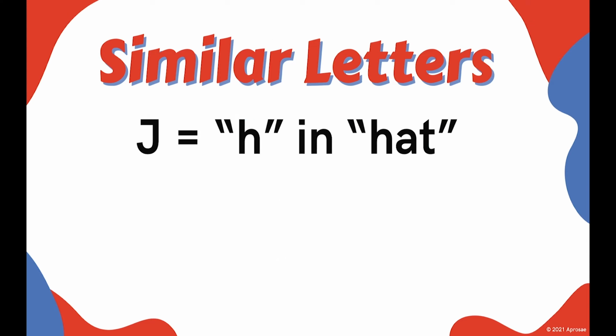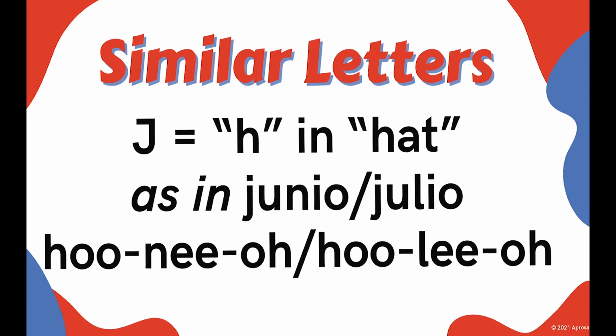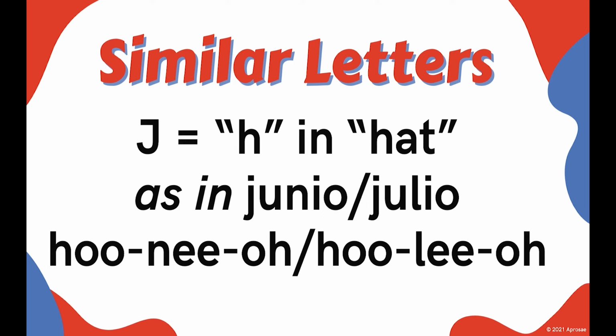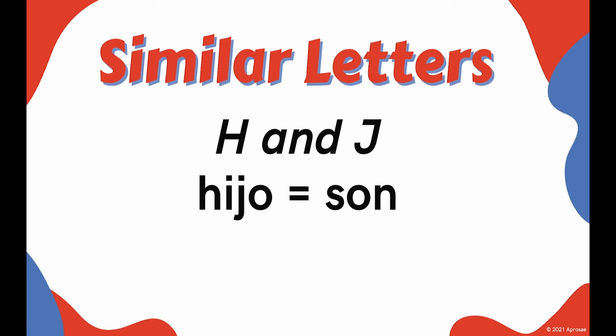The J in Spanish is pronounced like an H. So, for June, junio. For July, julio. Also, you may have heard some men have the first name Julio. So if you can think about that, that might help you remember that the J is pronounced like an H. Let's take the word son, S-O-N, hijo.